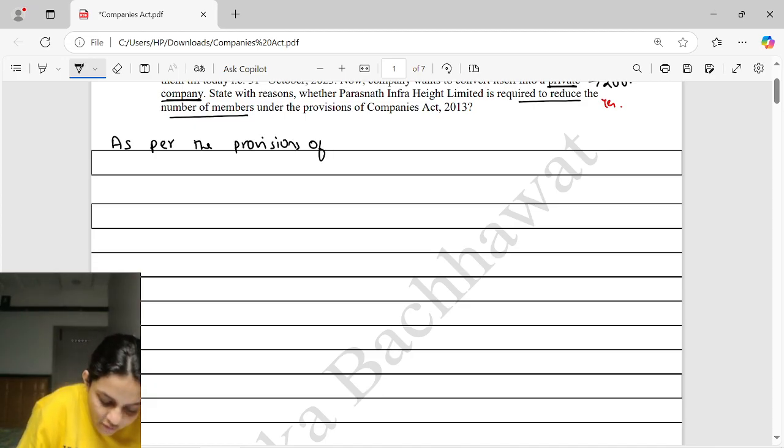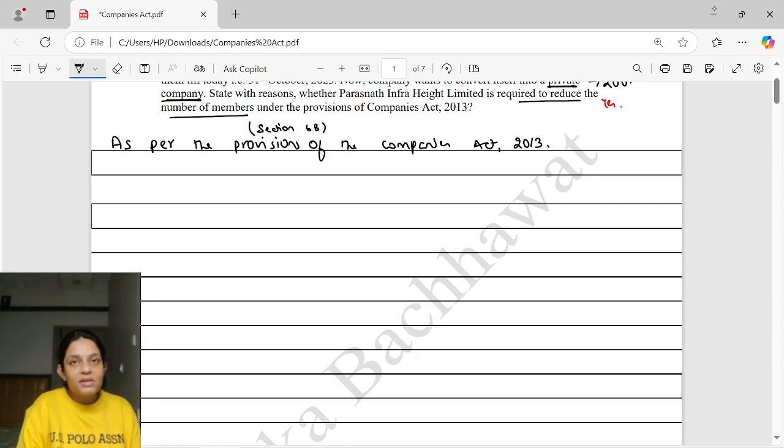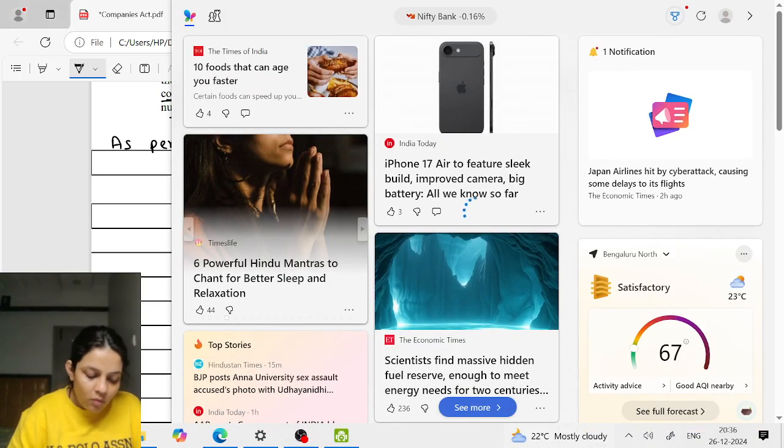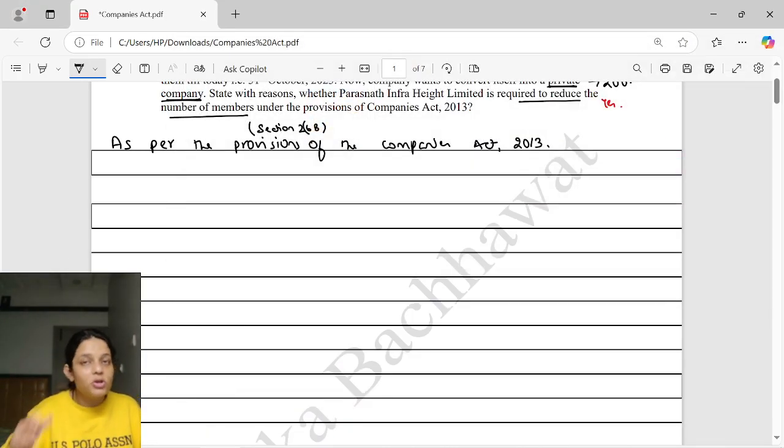As per the provisions of the Companies Act 2013, or as per section 2 clause 68, right? This is the section number. So if you remember the section number, as per section... ma'am, am I supposed to write the section number?